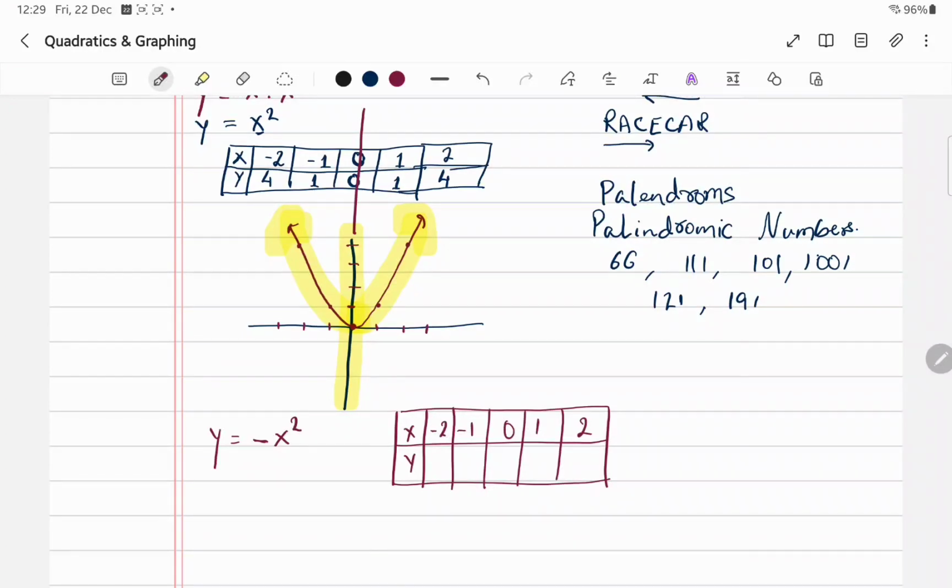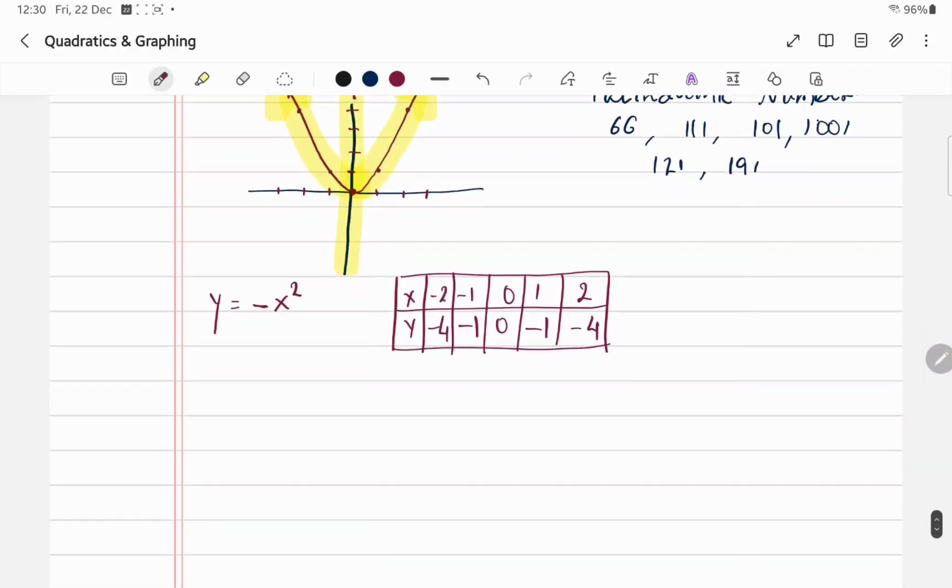So 0 will stay 0. Now, if we have 1, 1 squared is 1 and the minus will give us minus 1. 2 squared is 4 and minus 2 squared is going to give us minus 4. Then minus 1 squared is 1 and that will give us minus 1, and minus 4 similarly.